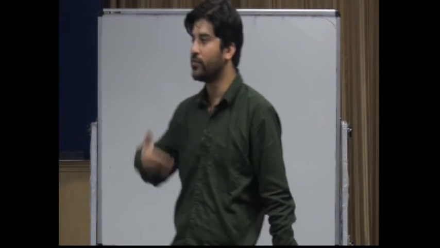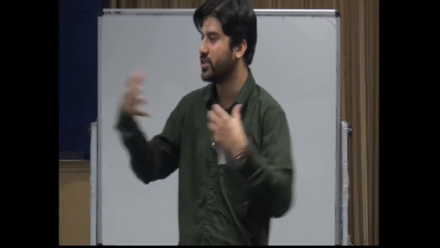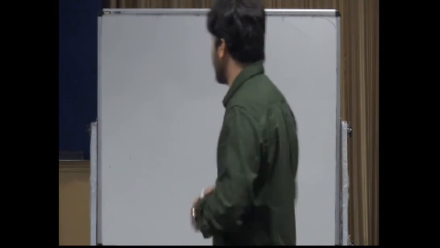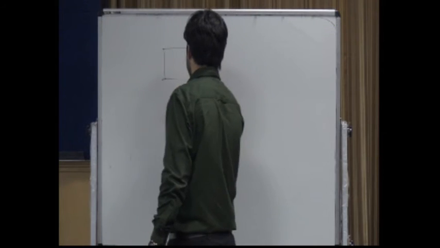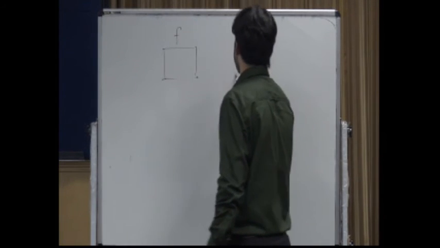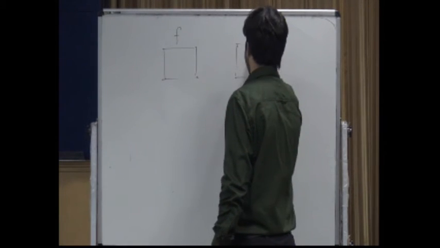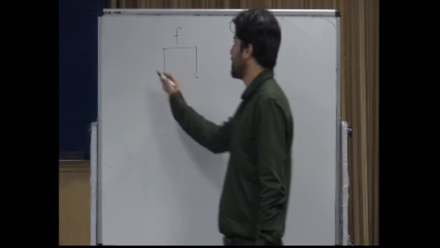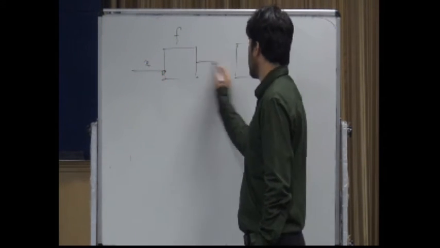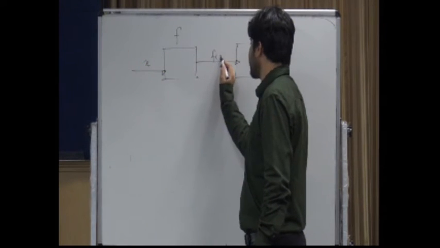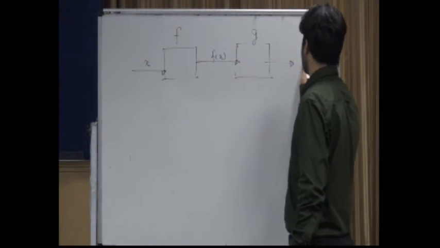Now let's say I have to create functions from functions. I have to create 2 functions, 3 functions together. So let's say this is a function f, this is a function g. So you are putting something here, x, you're getting something, f(x), and then you're getting something.